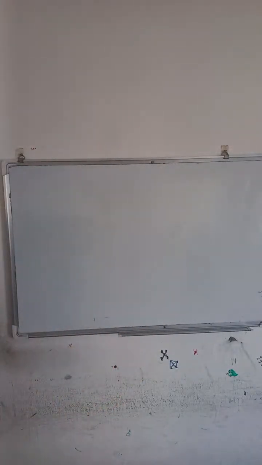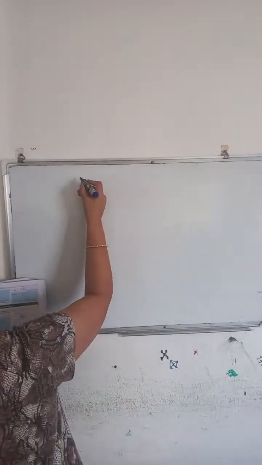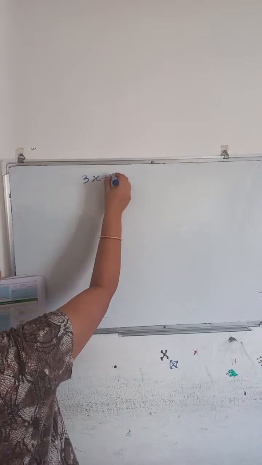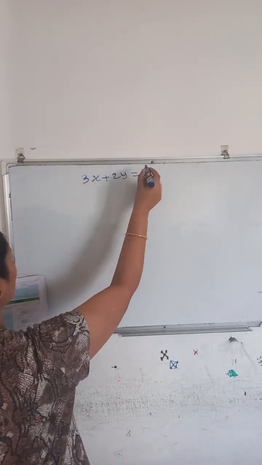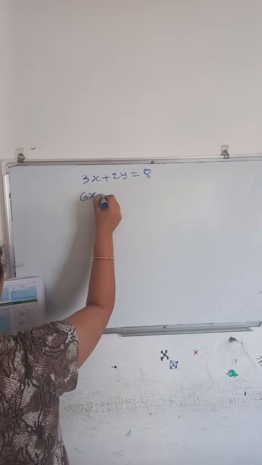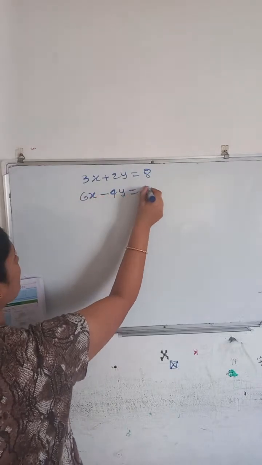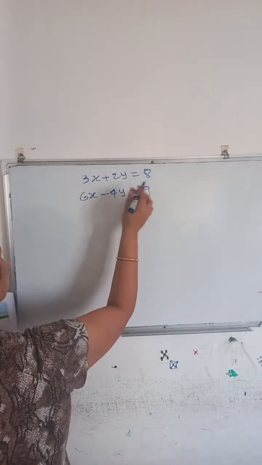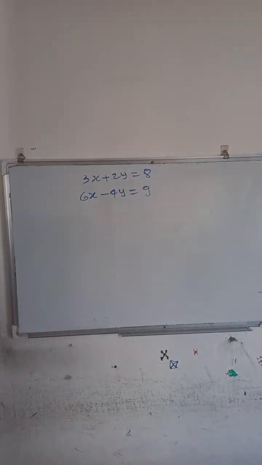So here 3x plus 2y is equal to 8 and 6x minus 4y is equal to 9. Calculate this and find out.